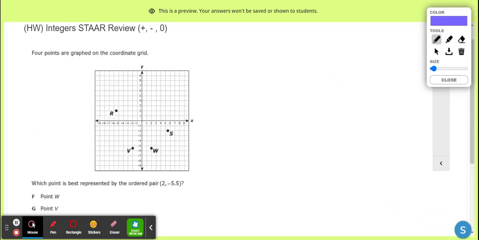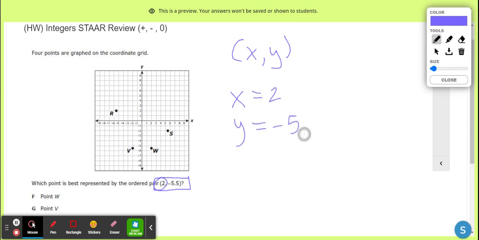Which point best represents the ordered pair? The ordered pair is going to be x first and then y. So here we have x is 2, and then y is -5.5.